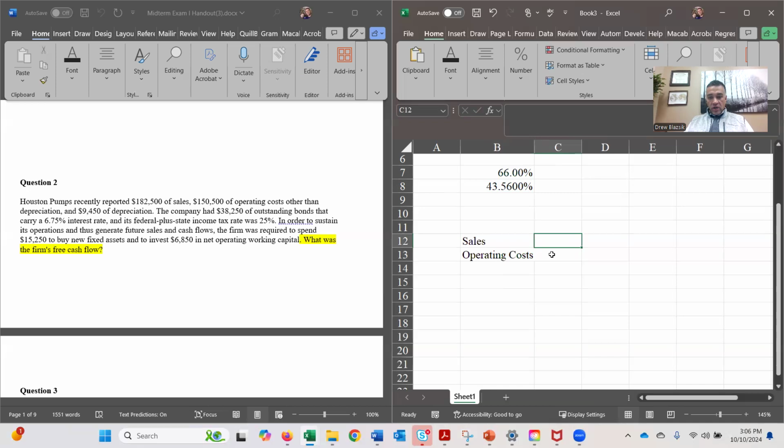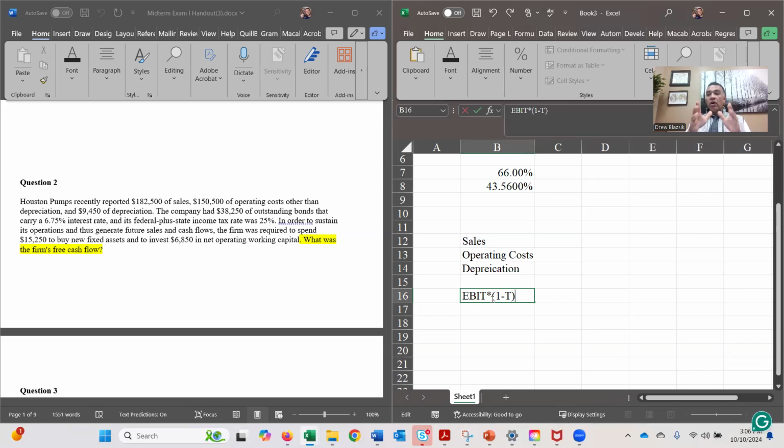So we have 182 here, 155. And then we want to subtract out depreciation for tax purposes, okay? Once we do that, that becomes our EBIT, our earnings before interest and taxes. And then we want to multiply that times 1 minus the tax rate.